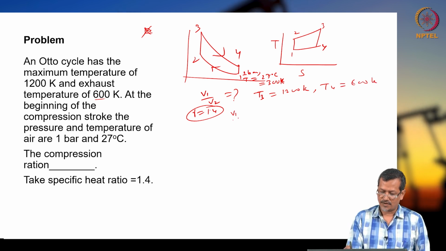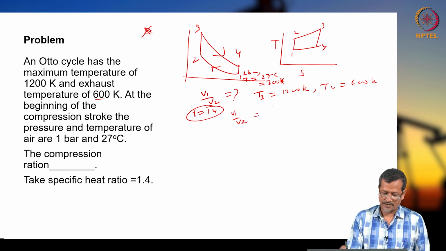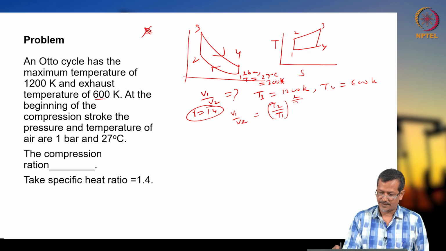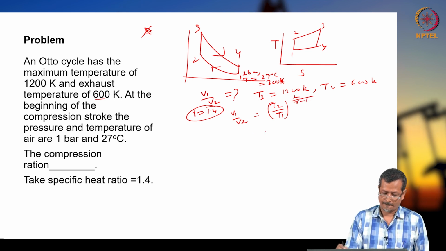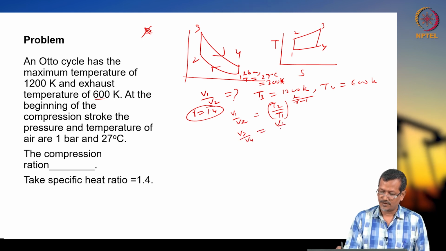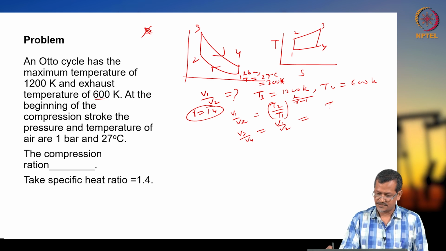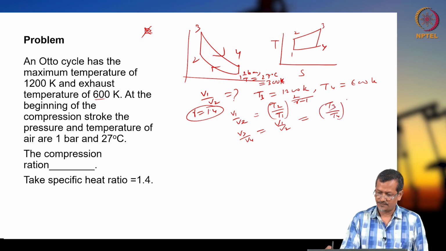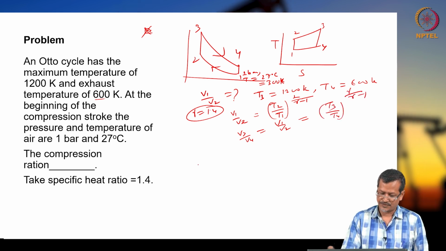So, V1 by V2 adiabatic, so T2 by T1, 1 by gamma minus 1. Okay. And V3 by V4 equals V1 by V2 actually equals T3 by T4 to the power 1 by gamma minus 1.